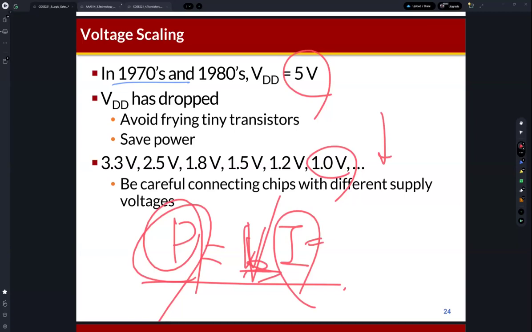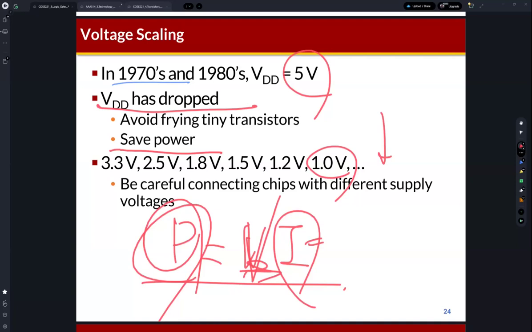So VDD has dropped, and then we can save power. It's very critical, right? The power consumption is a running cost of a system. Take very large data centers, like those of Google or Microsoft.